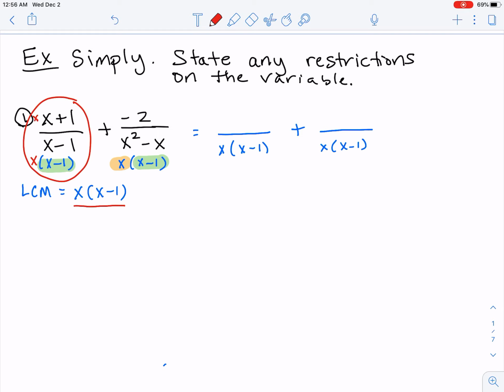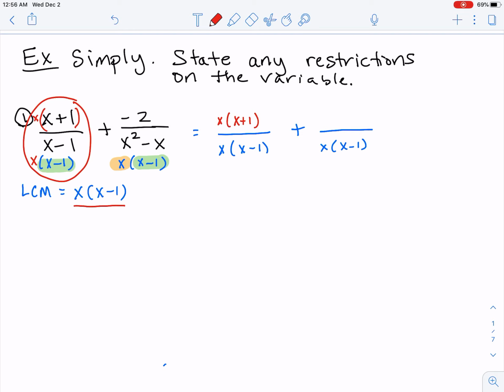So I'm going to have x times x plus 1. And the reason I multiply the top and the bottom by x, the bottom by x so I get the least common denominator, the top by x because x divided by x is 1. So really I multiplied that first term by 1.